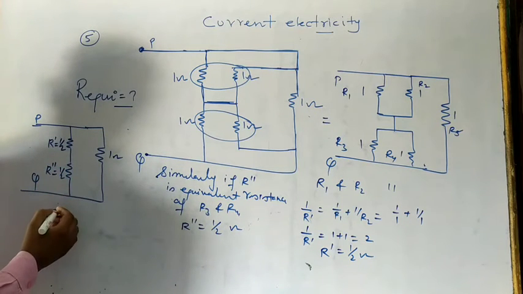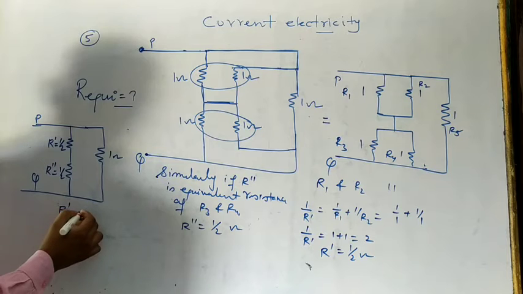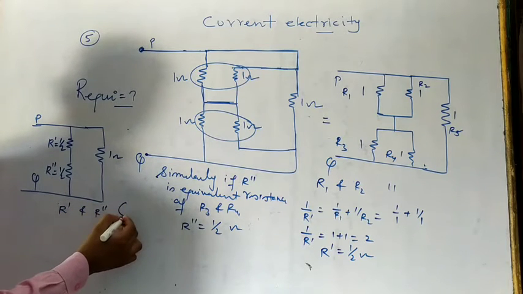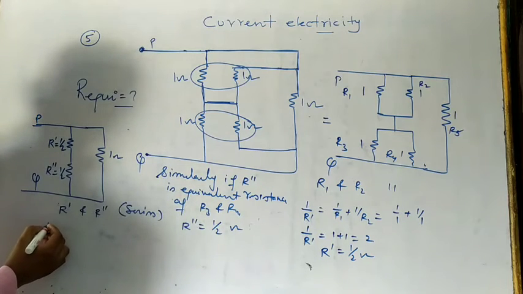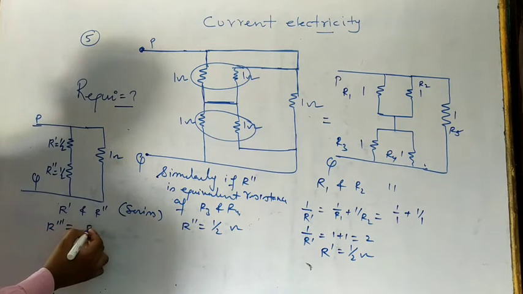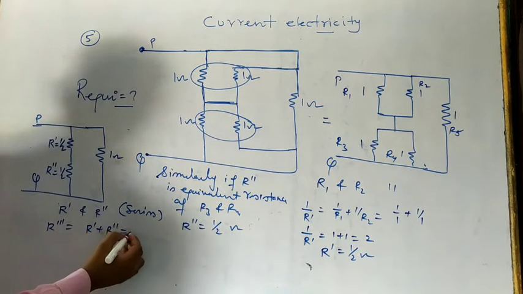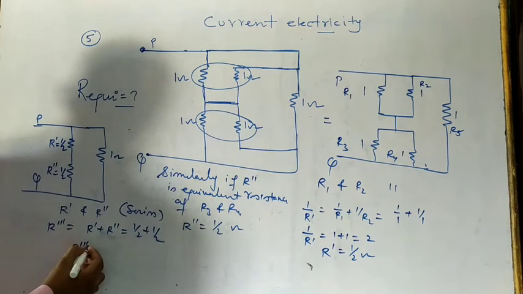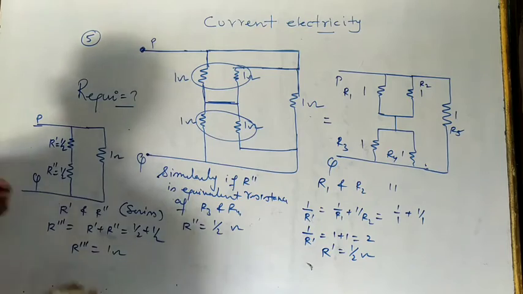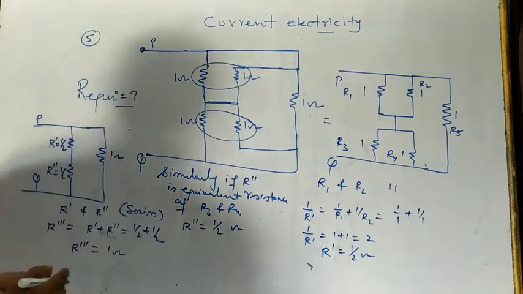So the equivalent, R triple dash, equals R dash plus R double dash, that is 1 by 2 plus 1 by 2, so R triple dash is 1 ohm.